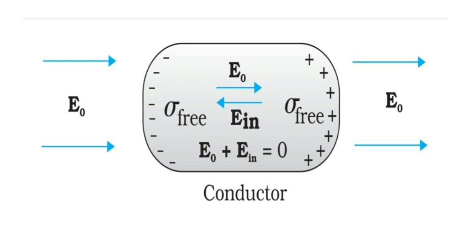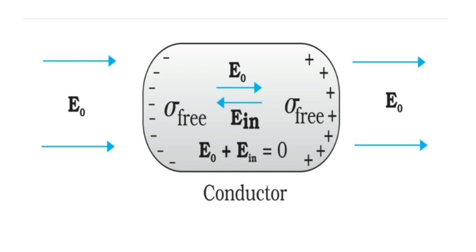Because of these two surface charge densities, an electric field arises. In the diagram, you can see two electric fields. One is E0 and one is E in. What is E0? E0 is the external electric field or the applied electric field. And what is this E in? E in stands for the induced electric field.